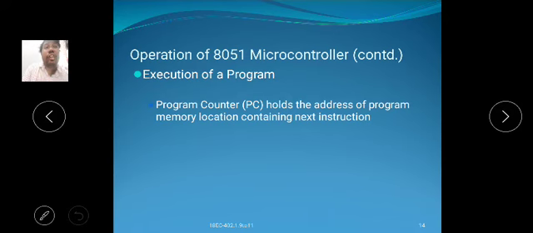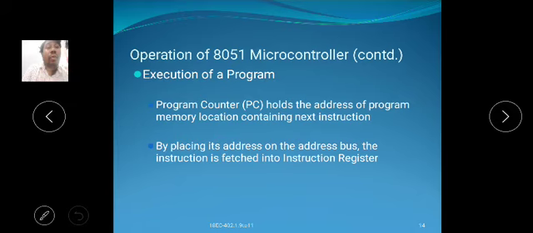And execution of program. The program counter holds the address of program memory location containing the next instruction. For example, if you are executing a program which has instructions, the next instruction memory location is held by the program counter.